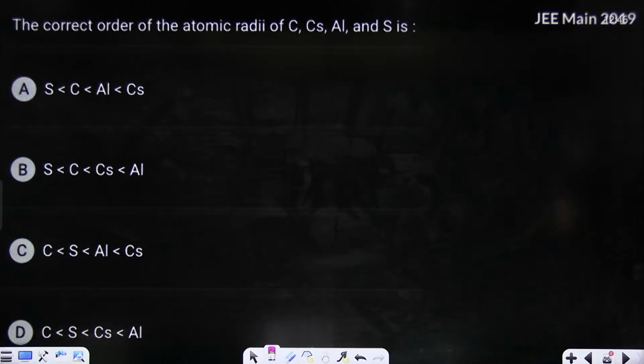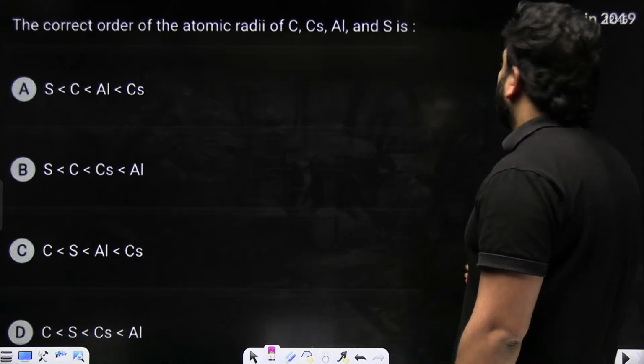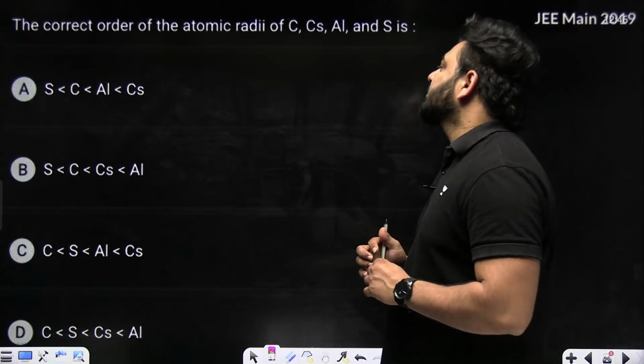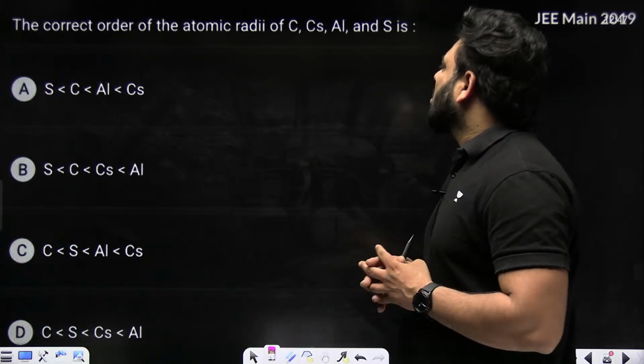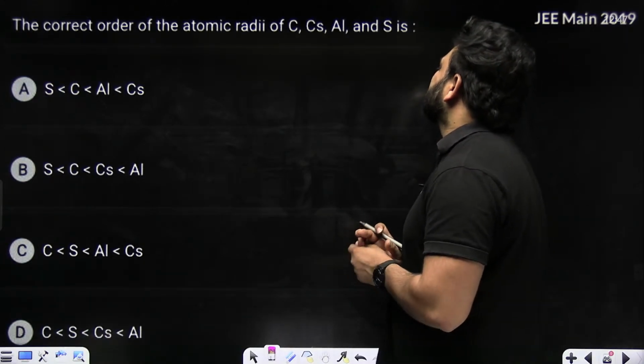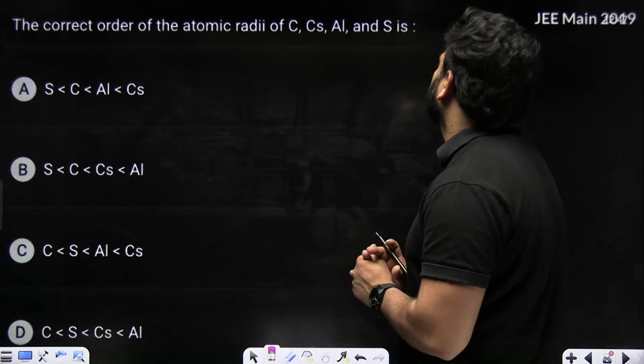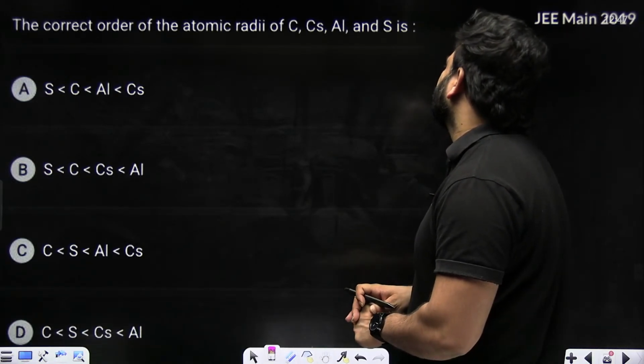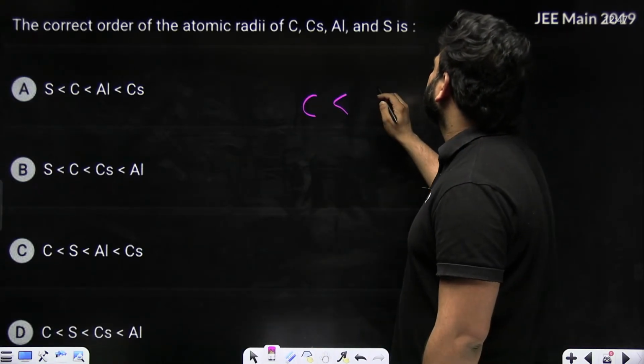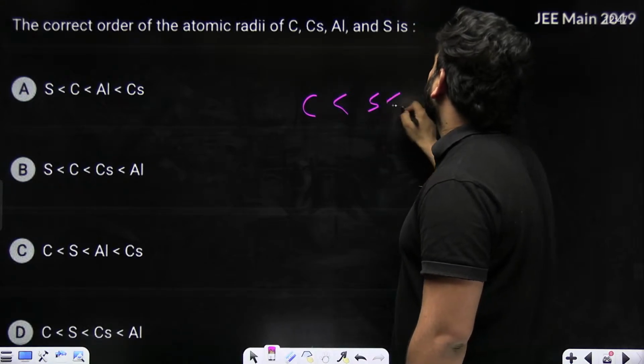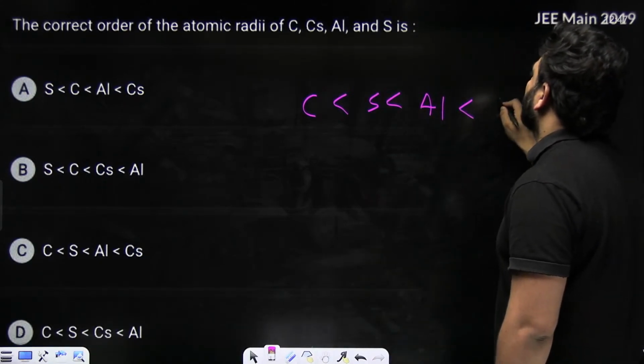Next is the correct order of the atomic radii of these all. Similar question here, and even a similar concept as well. We'll go fast and finish it ASAP. Cesium is the highest atomic radius, undoubtedly. Then comes aluminium. Carbon, sulfur, aluminium, cesium.